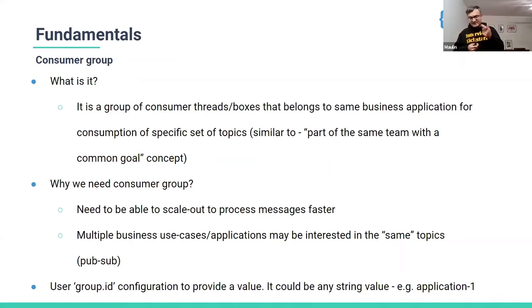You can specify the value of the consumer group in the group.id configuration. For example, you can say application 1, application 2, whatever you want. And then all the machines where your consumer runs with that group ID configuration will think that they are part of the same group. And then Kafka will do the partition assignment and give messages accordingly.